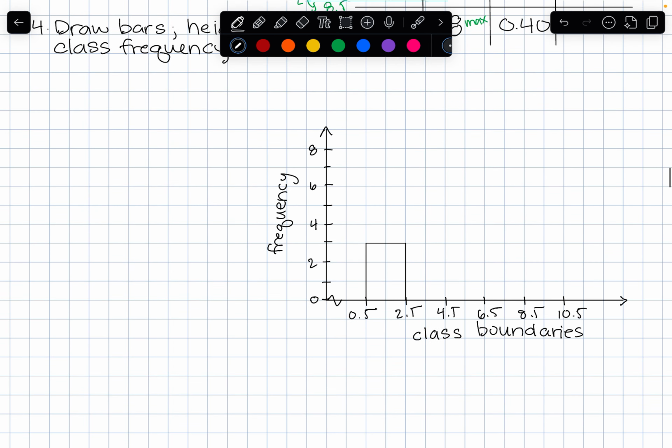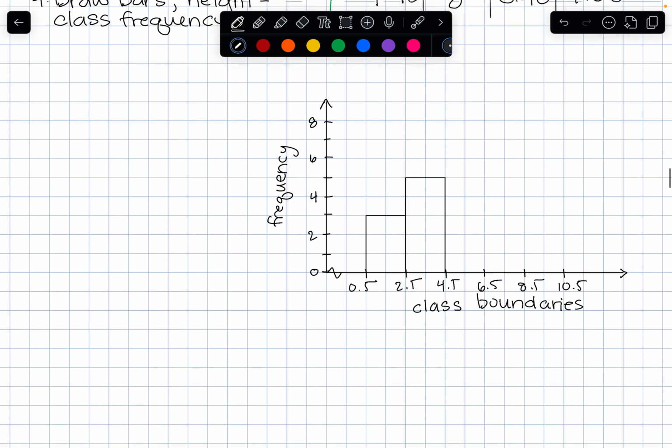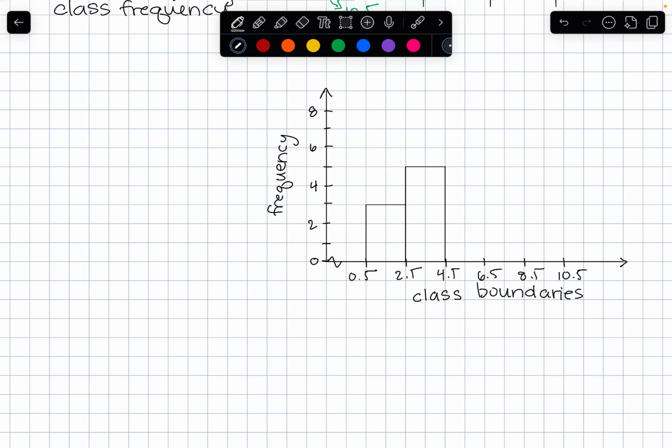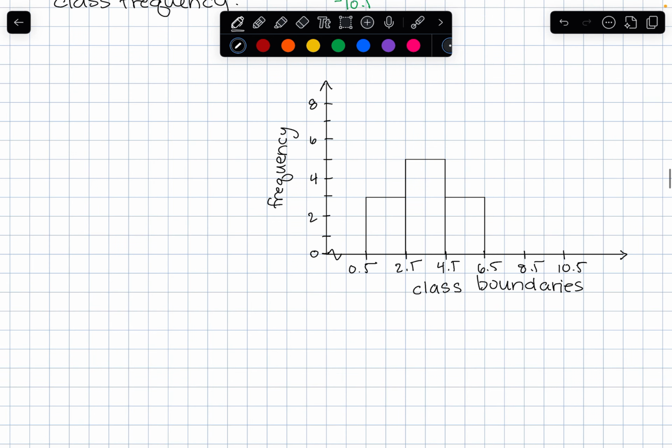My second has 5. My next is 3. I have a 1, and then I have an 8.